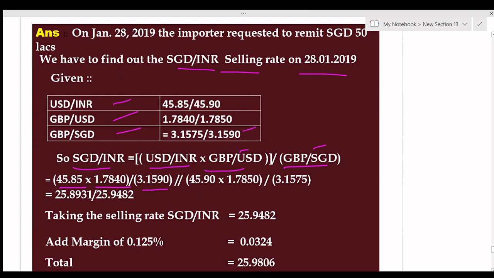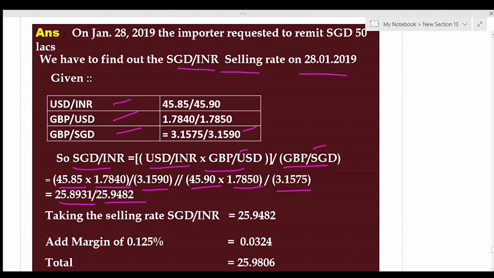And the offer rate will be 45.90 into 1.750 divided by 3.1575, this is the bid price, and you will get the SGD INR rate 25.8931 and 25.9482.